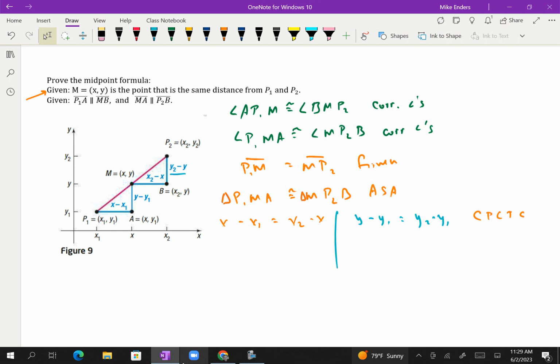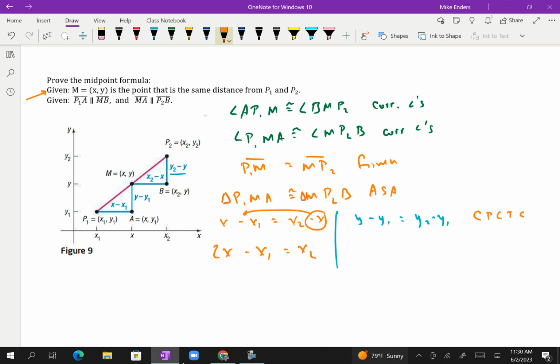So as we take a look at the rest of these things, let's go ahead and move some things around with our algebra skills. I've got on the orange here with the x's, let's take this minus x and move it to the other side. So I'm going to add an x. I've got an x already, so now it becomes 2x minus x1 equals x2.